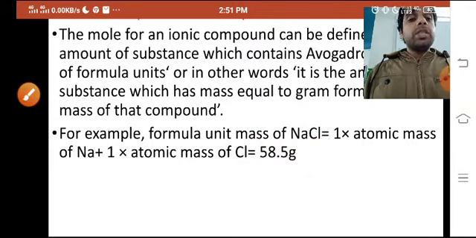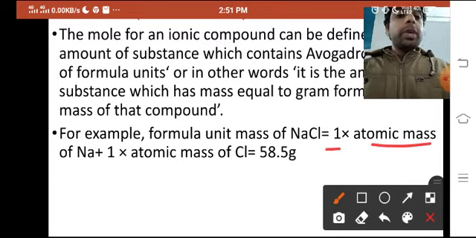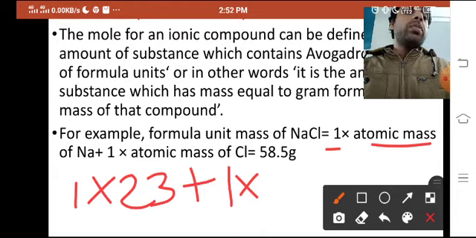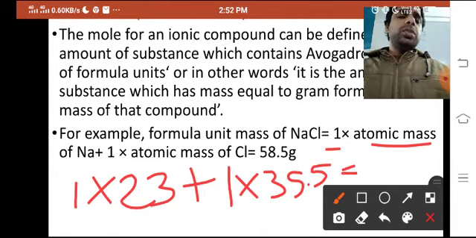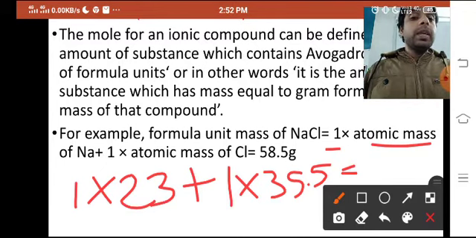And you should know this: here I will write 1 into the atomic mass of sodium, which is 23, plus 1 into the atomic mass of chlorine, that is 35.5. You need not write the 1 once you get expertise in this topic.